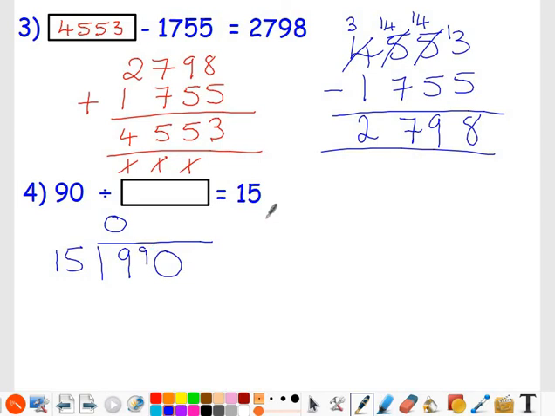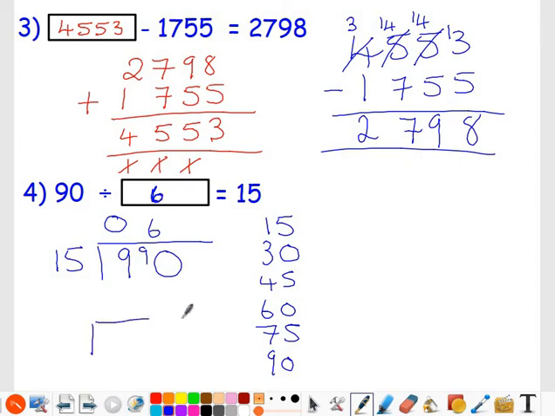Well, we can help ourselves here by putting the 15 times tables down the side. 15, 30, 45, 60, 75, 90. So how many 15s was that? 1, 2, 3, 4, 5, 6. So 90 must have been divided by 6 to give us an answer of 15.